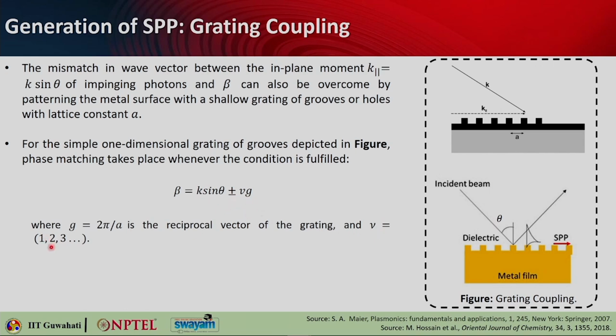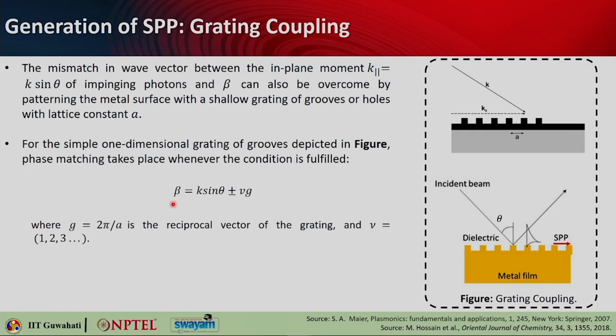What is nu? That is an integer 1, 2, 3, and g is basically the reciprocal vector of this grating, which is 2 pi by a. With those possible cases, you will be able to transfer energy between photons and plasmons.